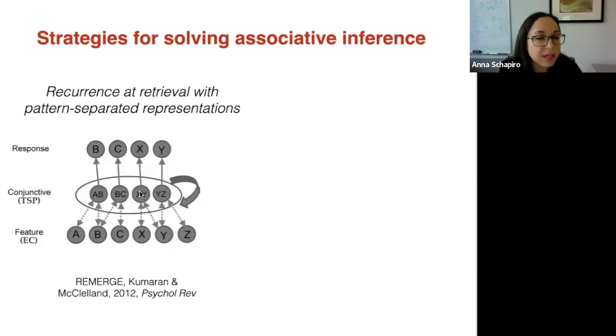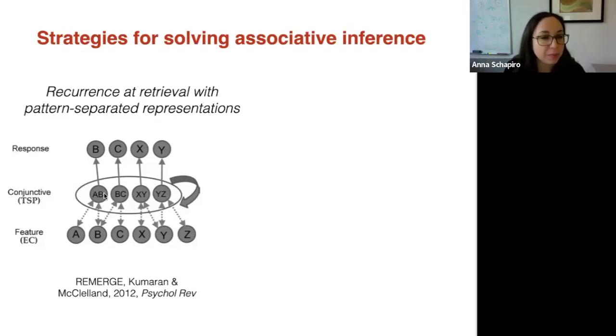So one proposal was implemented in this Vermerge model. And this model said, we are going to double down on the pattern separated conjunctive representations in hippocampus. And we're not going to allow for there to be any overlap in these different memories as you're learning about them.